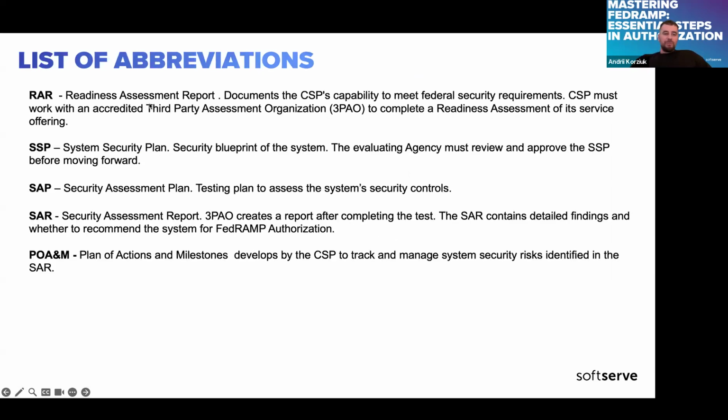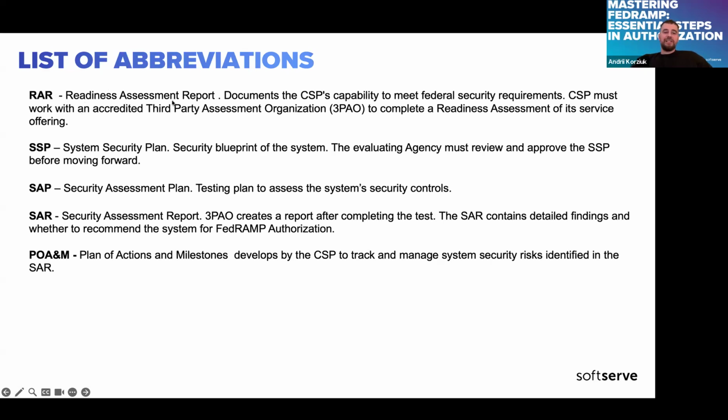A little bit more on abbreviations, because on the next slide we will see a diagram of the authorization process, and we will use those abbreviations there. So just for your understanding, what are they? I will read only short information.